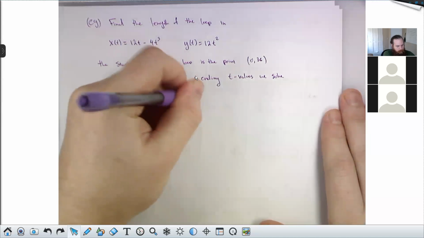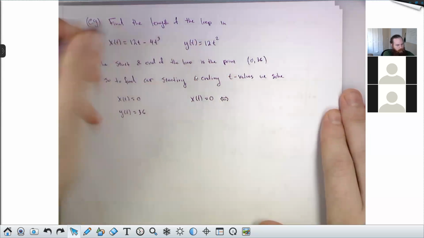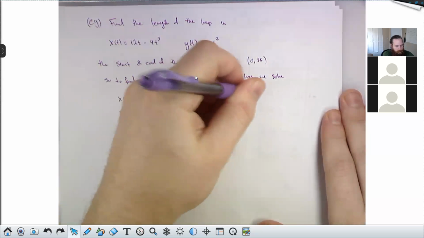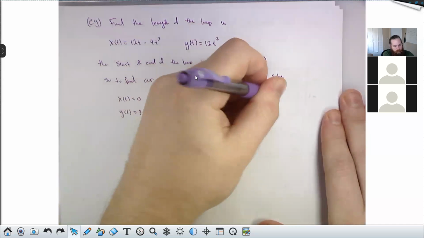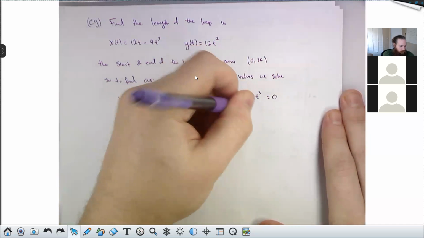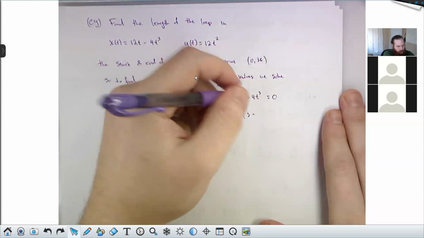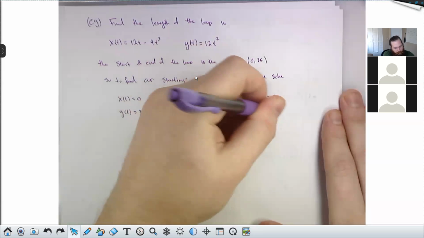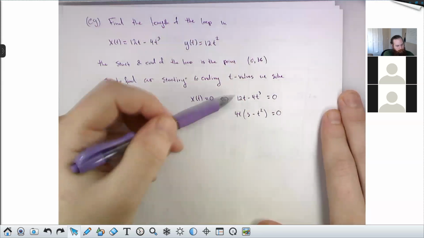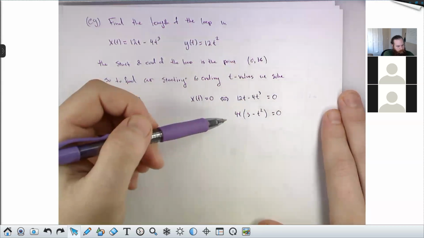x of t is equal to 0 if and only if 12t minus 4t cubed is equal to 0. I can factor out a 4t here, and I'll be left with 3 minus t squared. All right, 12 divided by 4 is 3, and 4t cubed divided by 4t is t squared.